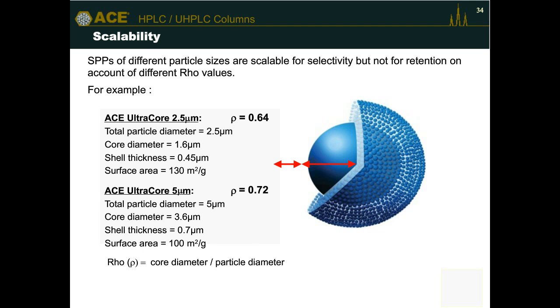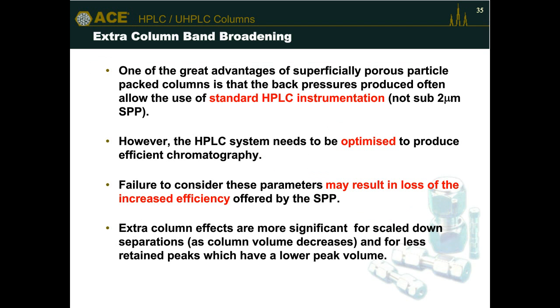The final thing is that these columns work on HPLC. They work on UHPLC instruments. But if you don't have an optimized HPLC system, so you've got an old instrument that you've put together from different pieces and has a lot of extra tubing, potentially a lot of extra column band broadening, then you may not gain all the benefits that this technology offers you, especially if you go for a small ID column.